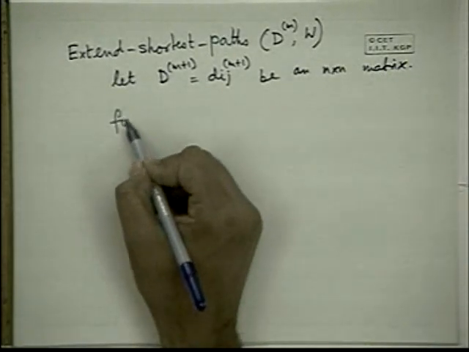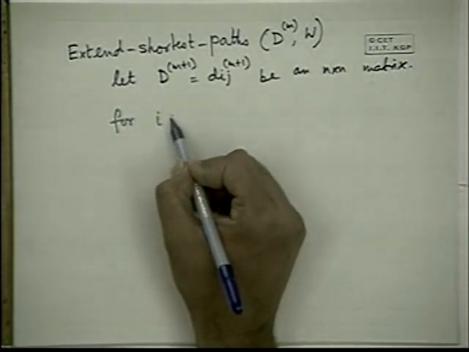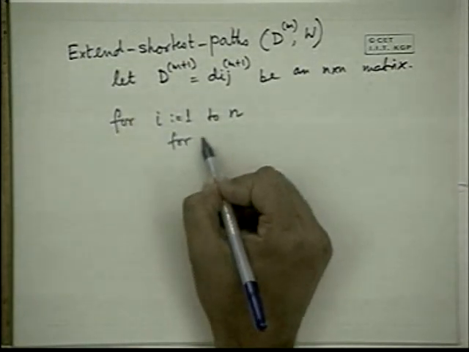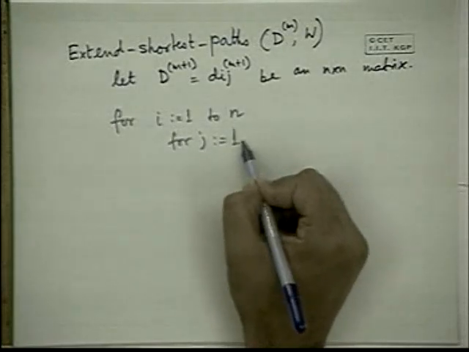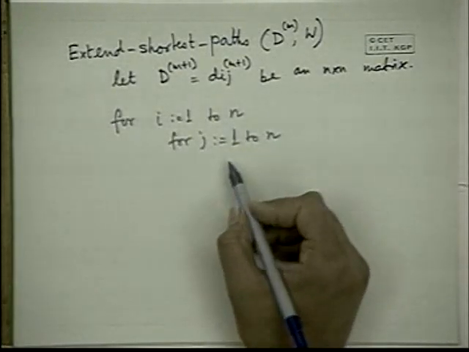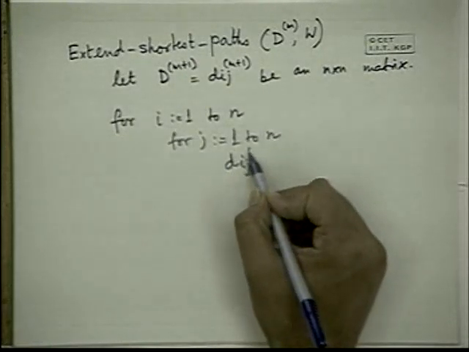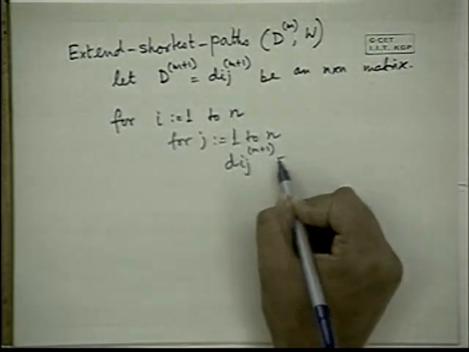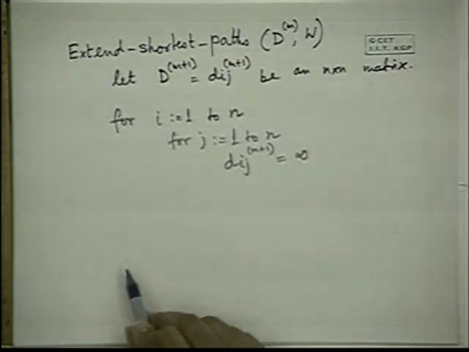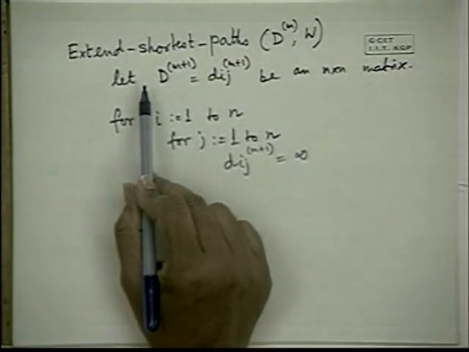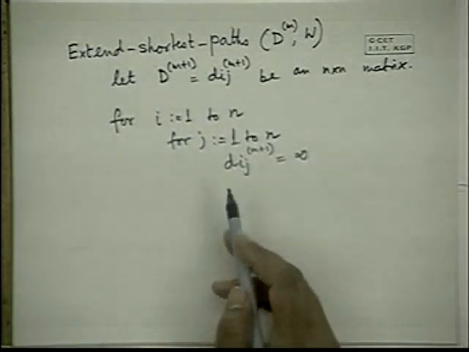I am going to write now for i is equal to 1 to n, for j is equal to 1 to n, you initialize dij m plus 1 as infinity. This is just an initialization of this output matrix. I am just initializing it.